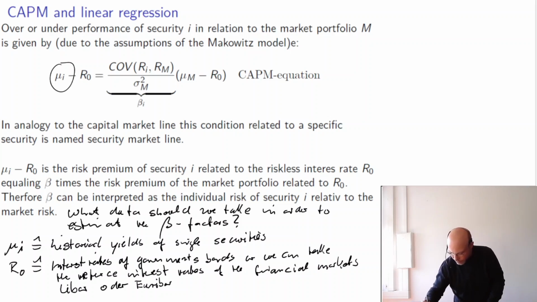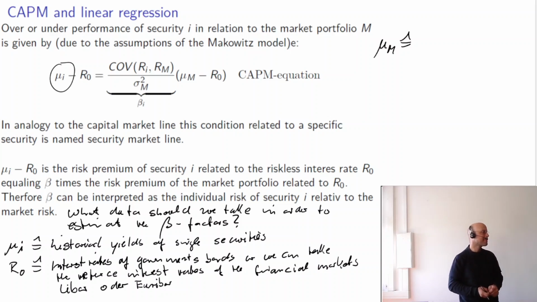And then we have to ask ourselves, what should we take for the market yield? What can we think of there? So some average price development in the financial market. What could we take? I don't know if I have talked about this already last week.